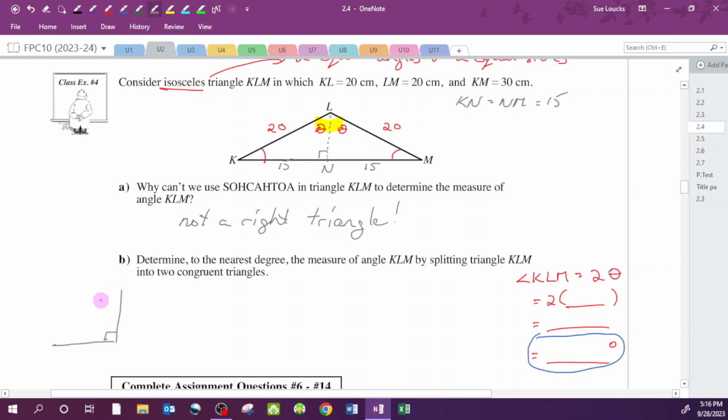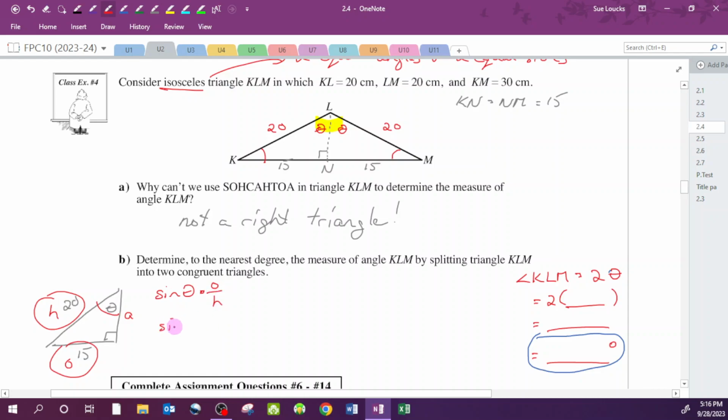All right, I'm just going to copy my triangle out again. So I know that this side is 15, this side is 20, and I'm looking for this angle here. So this is my angle of interest, this is my hypotenuse, this is the opposite, this is the adjacent. Since I have opposite and hypotenuse, that's going to be sine theta is opposite over hypotenuse.